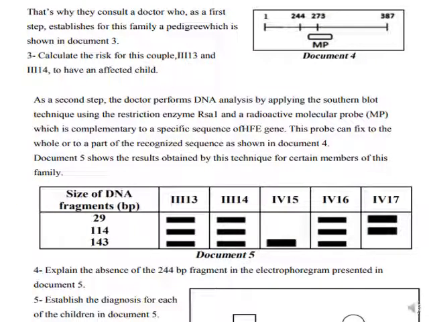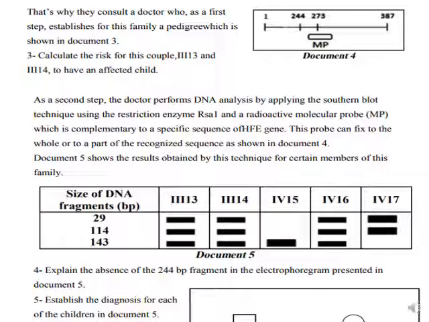So here we have the technique results. Here it's called the electrophorogram. It shows only the fragment to which the radioactive molecular probe belongs, or where it is hybridized. So the recognized sequence to which the MP gets fixed is only localized at position 273.